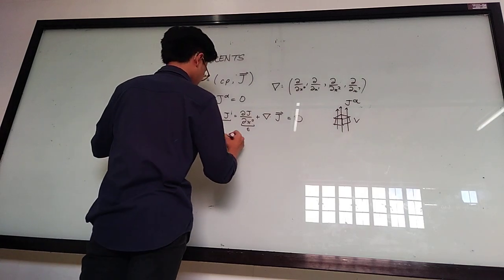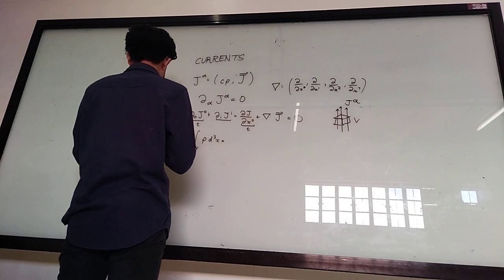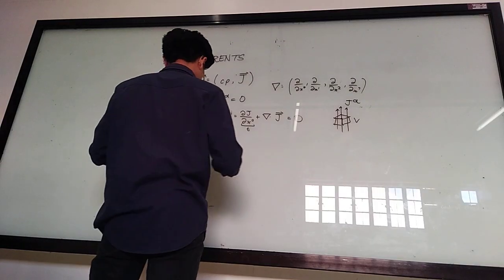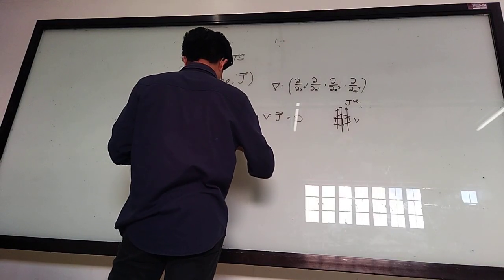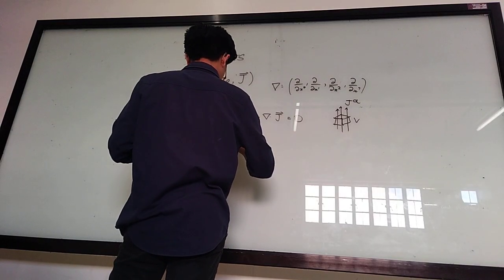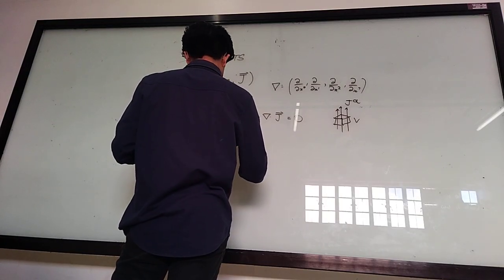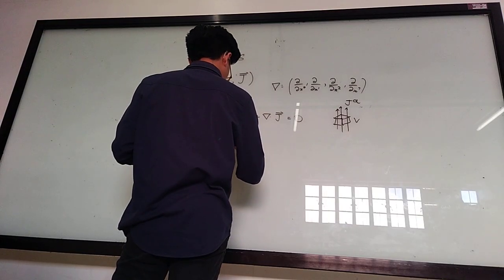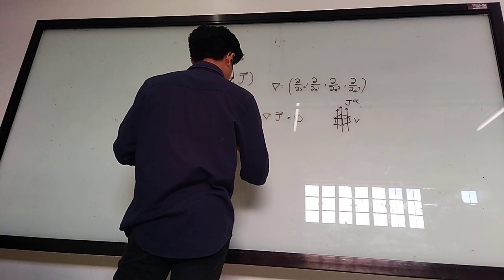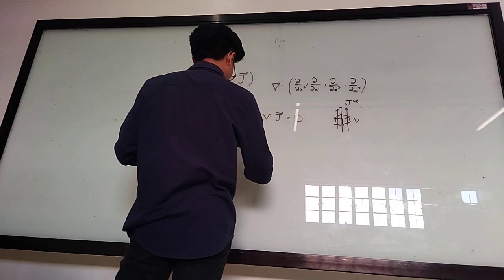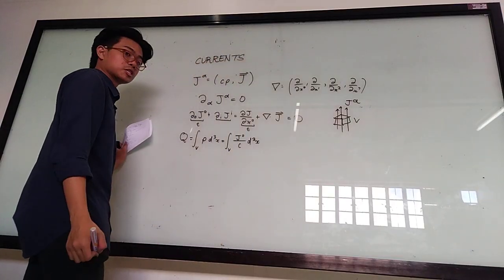Okay. And so that would then equal the integral over the volume element of the zeroth component of my field, J^0, divided by the speed of light, times d^3x over the spatial indices once more.